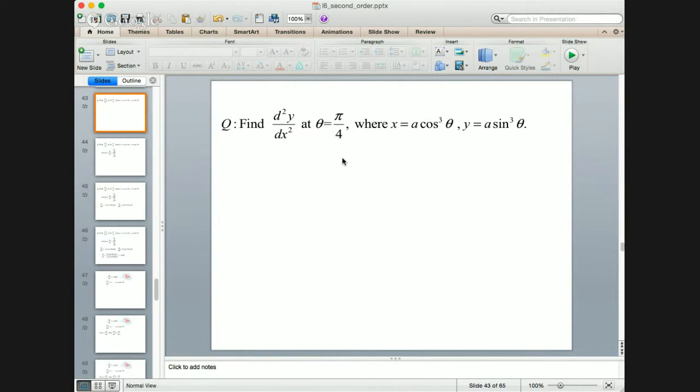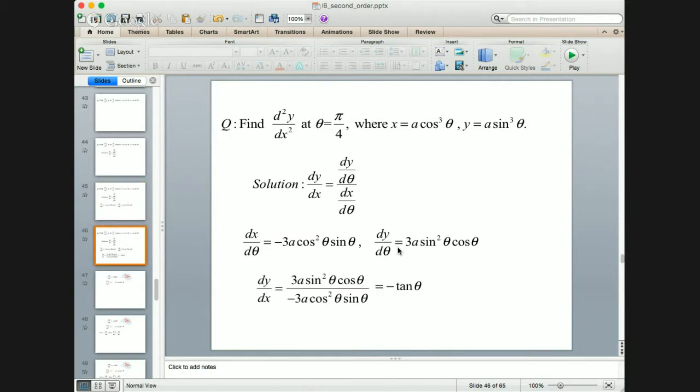So to begin with, we do recall that dy by dx for parametric functions is nothing but dy by d theta divided by dx by d theta. So obviously you will first find the derivative of both x and y with respect to theta. So in this case, that turns out to be minus 3a cos square theta sine theta and 3a sine square theta cos theta.